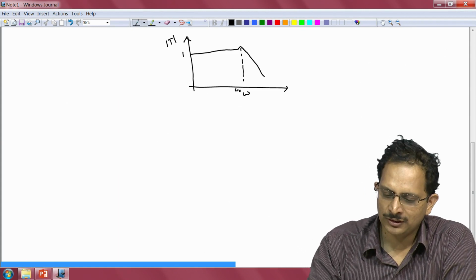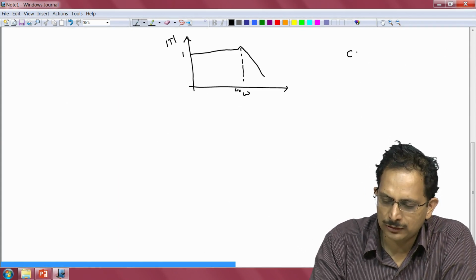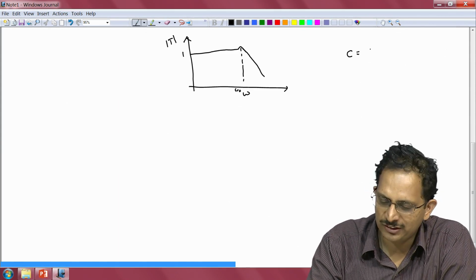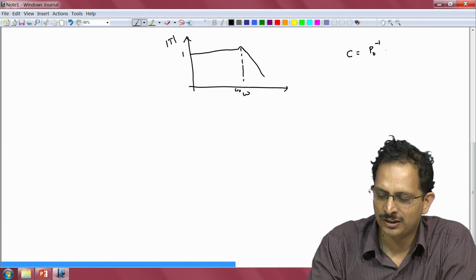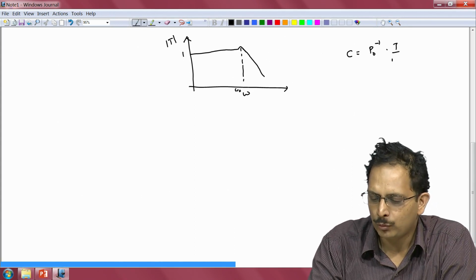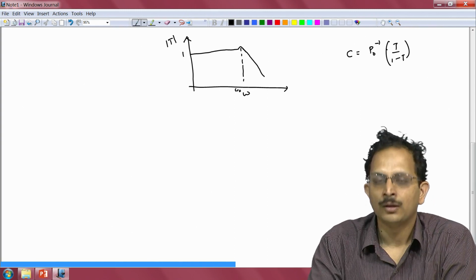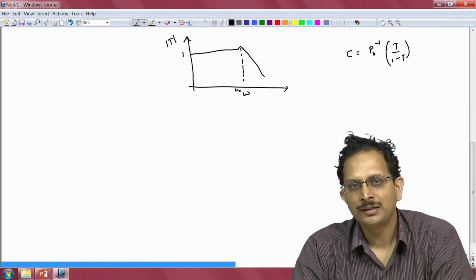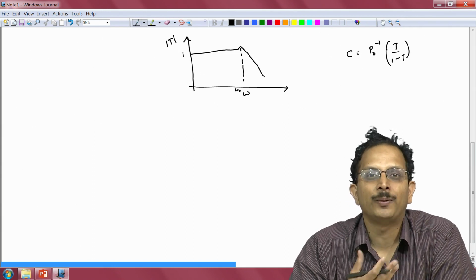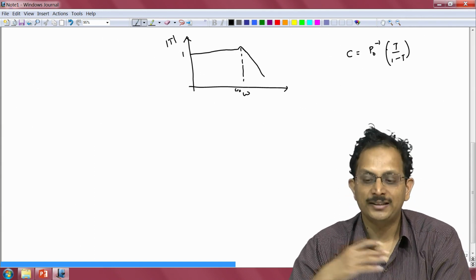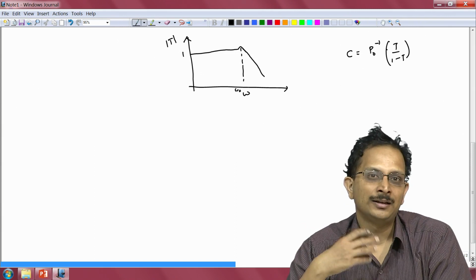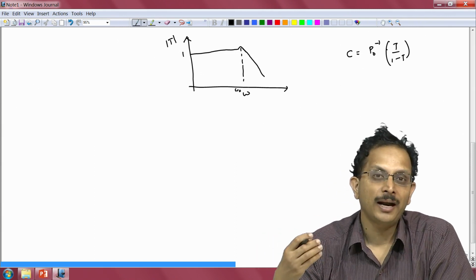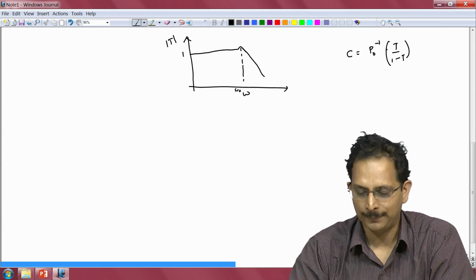That is so because, if you remember, our controller transfer function C was given by C is equal to P naught inverse times T by 1 minus T. Now how do we obtain P naught? P naught is the plant transfer function, and that has to be obtained from experimental results, and then that experimentally obtained plant transfer function has to be inverted.